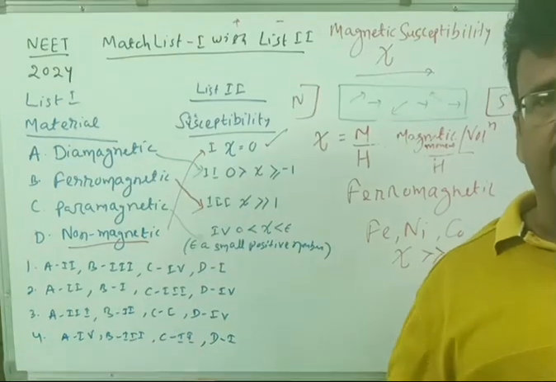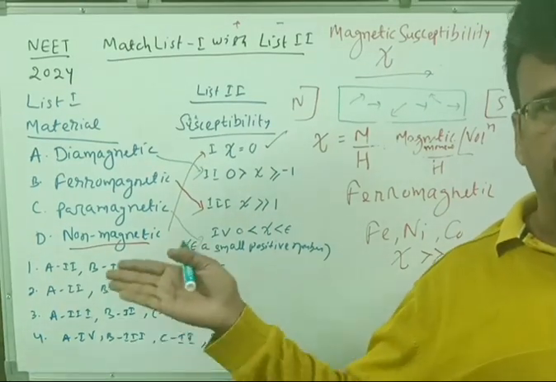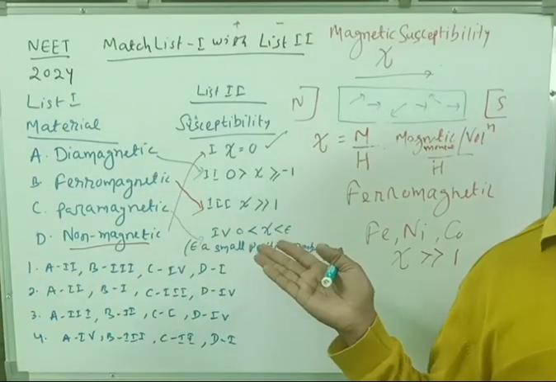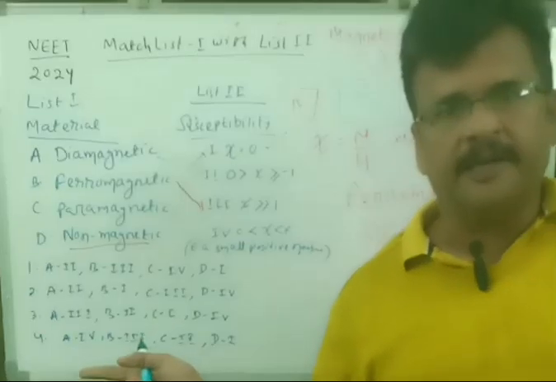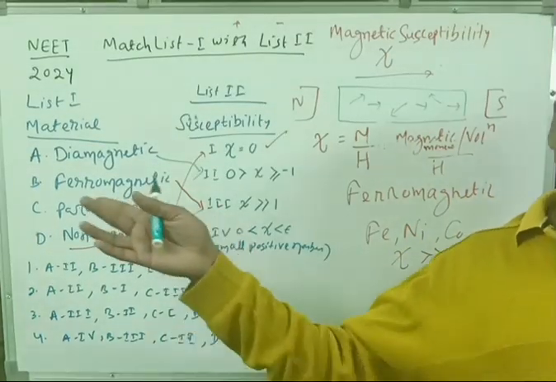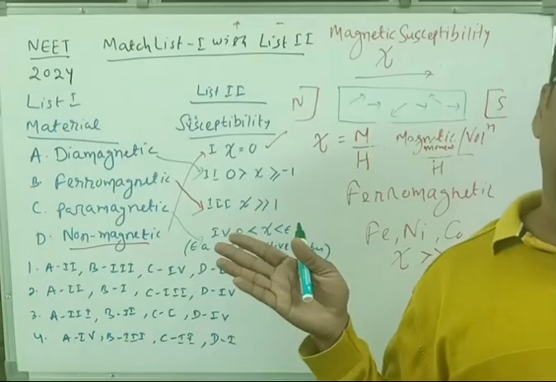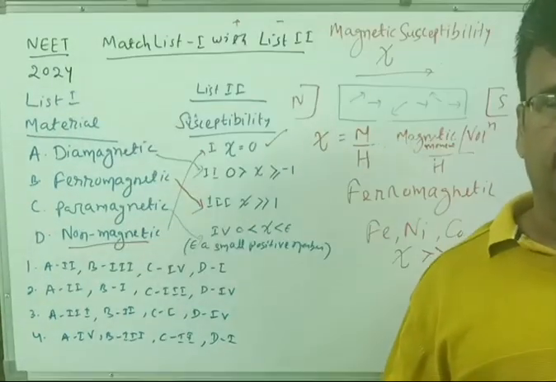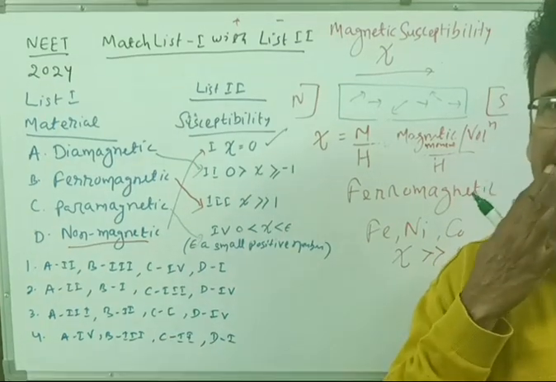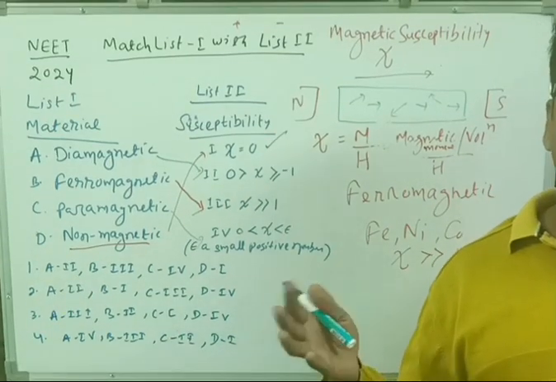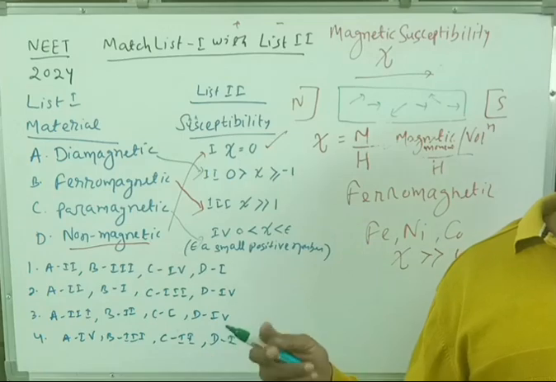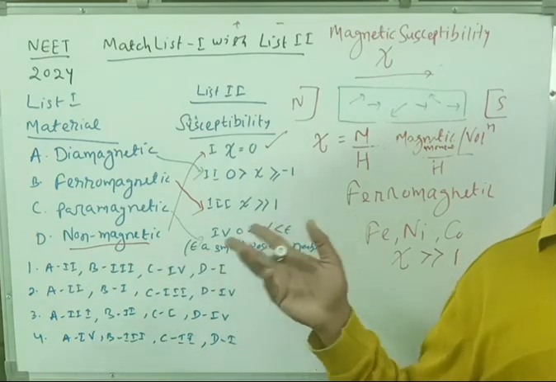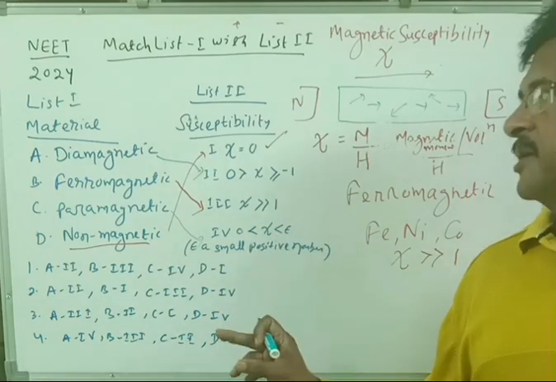If they align in a direction opposite to the applied magnetic field, they are called diamagnetic. If there is a little alignment, it is called paramagnetic. If the alignment of the atomic dipoles is much more, then chi is a large number, and these materials are called ferromagnetic.